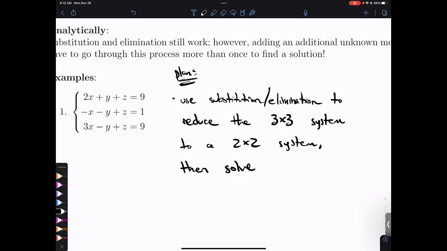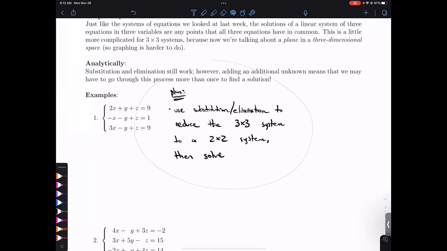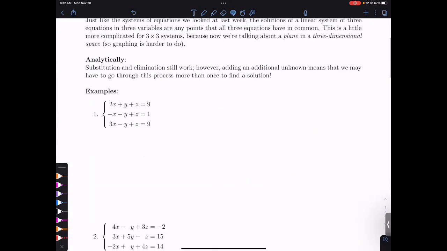If z is 3 and y is 1, then x would be 2, right? Once I have a numeric value for x or y or z, that's the hard part. After that, we just backtrack and plug back in to find the other stuff that goes with it. Okay. So that's the plan.